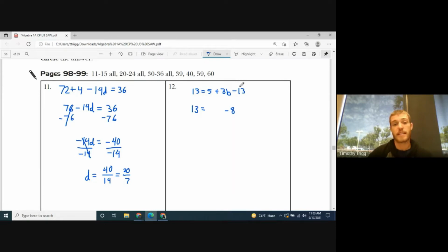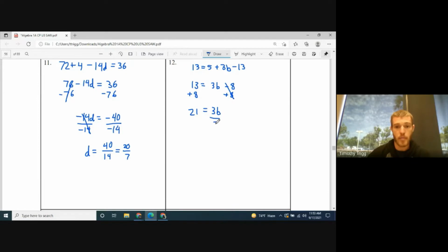But since they're different signs, they actually subtract each other, right? But I keep the sign of whatever there's more of. I still have a 3b over here, so we'll call it 3b minus 8. We're going to add 8 to both sides of the equation to get rid of that. 3b over here is on the right, and on the left, this gives us 21.